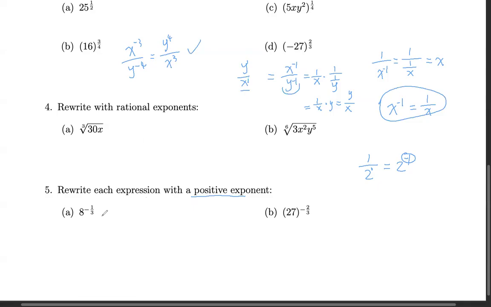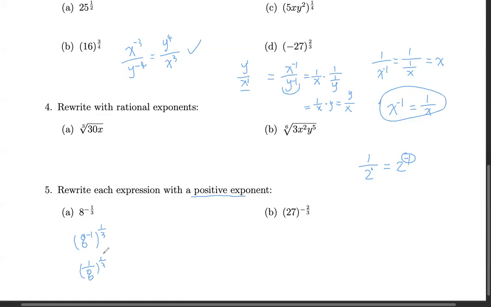So let's see this one. We have 8 raised by -1/3. That means we can split it as 8 raised by -1, then raised by 1/3. Well, 8 raised by -1 is 1 over 8. Then raised by 1/3. That's one way to think about it.